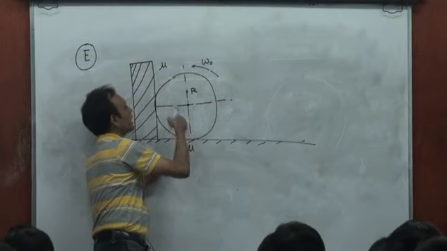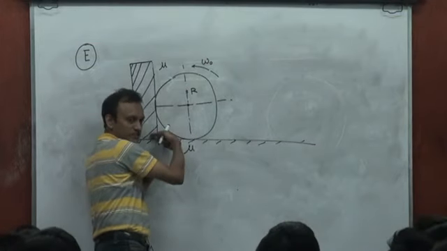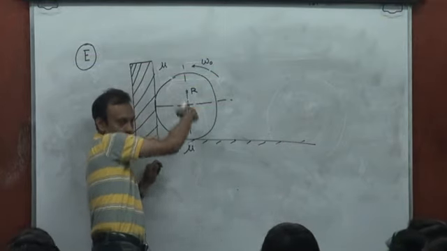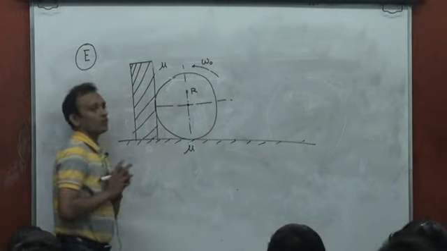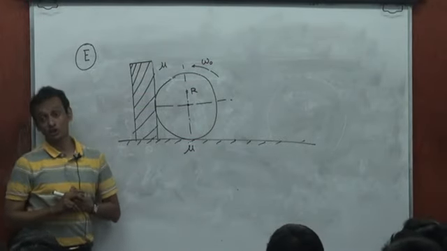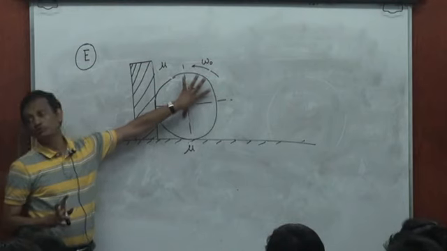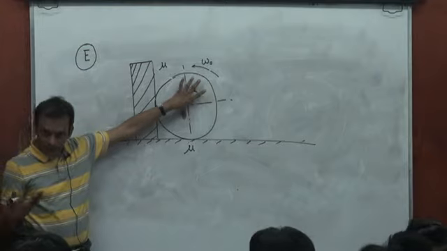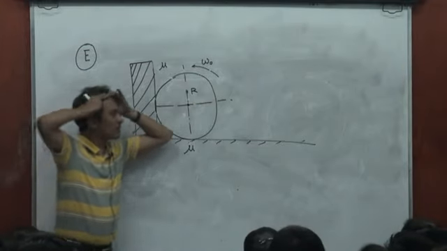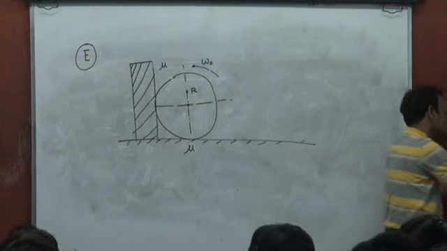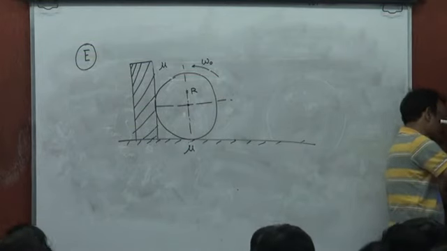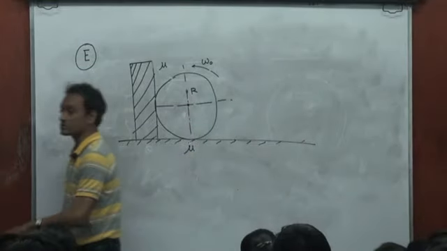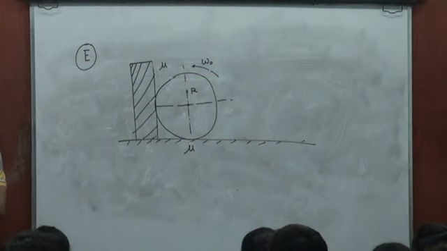It's in contact with two surfaces, this vertical surface and this horizontal surface, and the coefficient of friction is mu on both these surfaces. If you want to find the time it takes to come to rest, that means omega becomes 0. Or rather, how many turns does it take to come to rest? We want to find the number of turns it's going to rotate before it comes to rest.